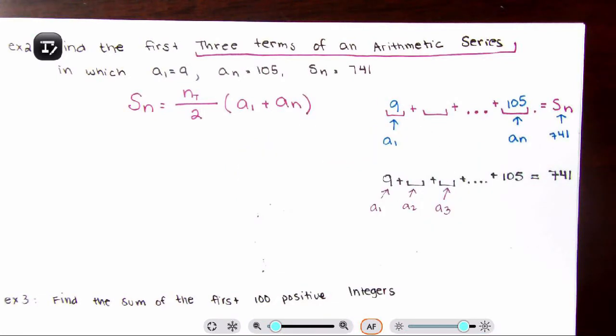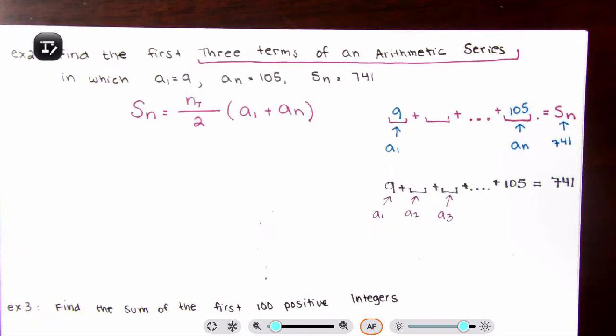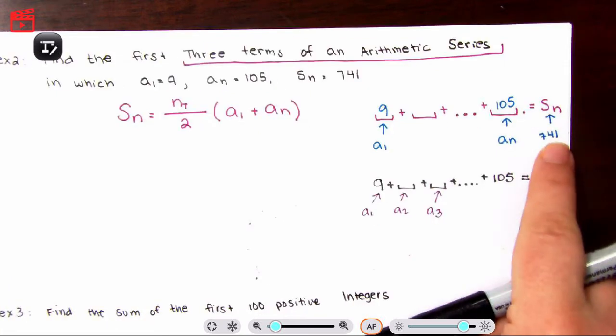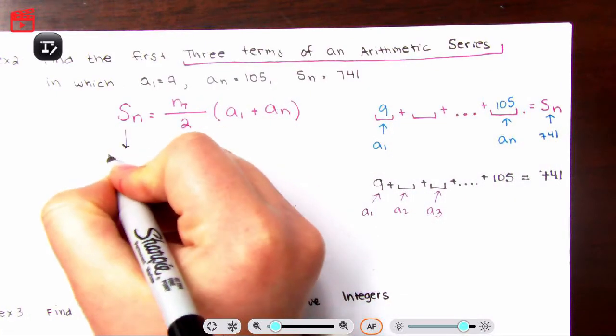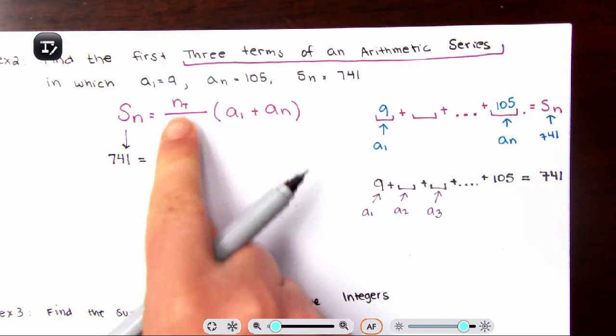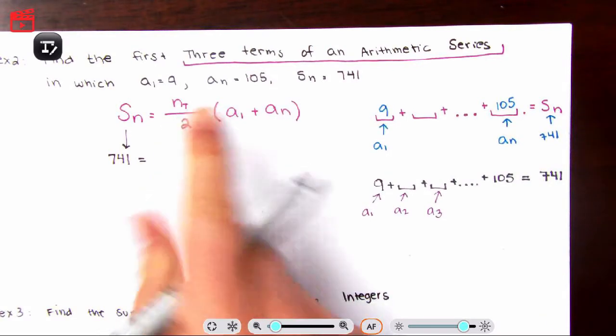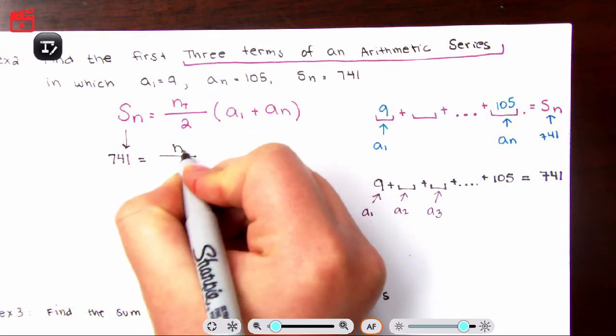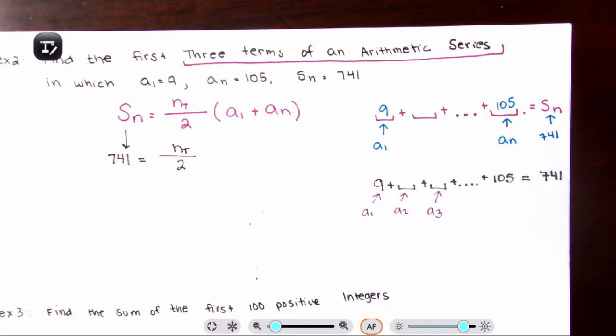That's my formula. If I need to use the other one highlighted in yellow, I'll go back and change it. It's the same thing. All right, so s sub n, they did tell us what s sub n is, and that is 741. They did not tell us how many terms we're adding, but I do know it's divided by 2.